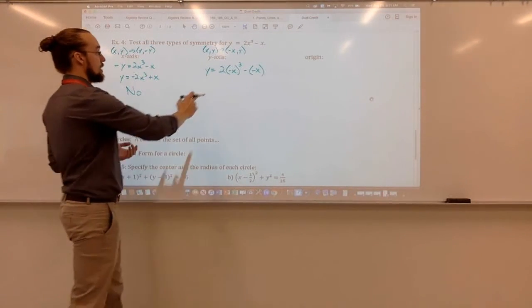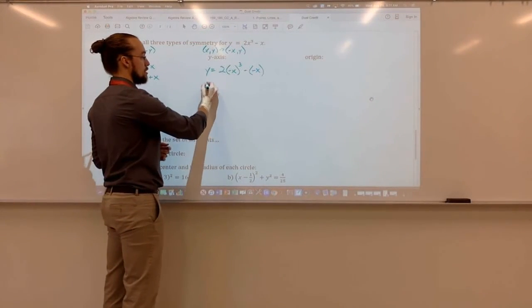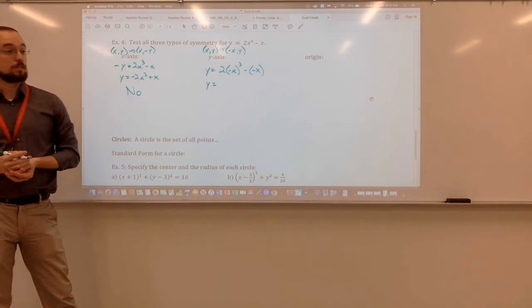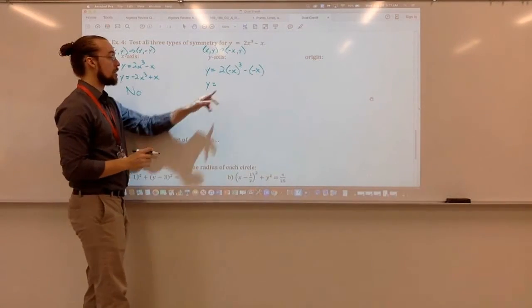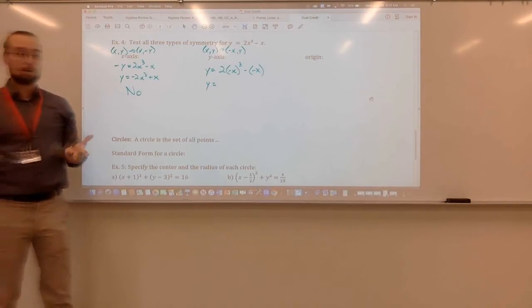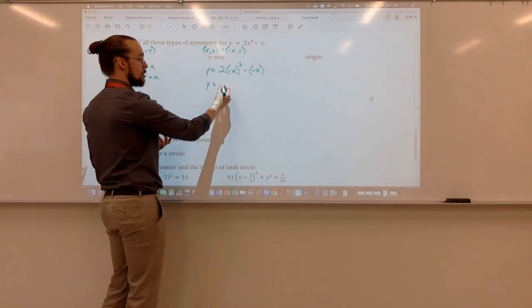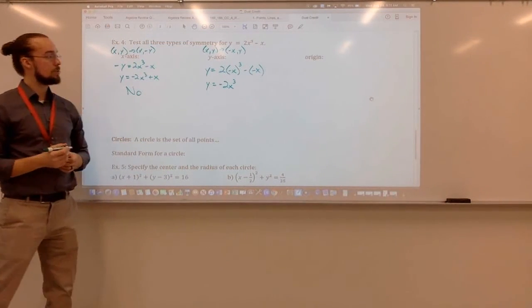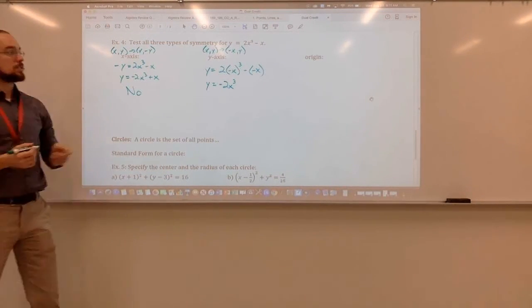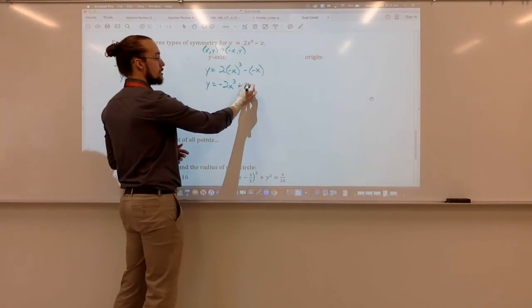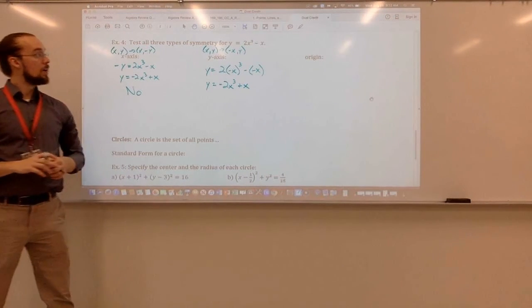So what's negative x cubed? If I've got negative x times negative x times negative x, I will have a negative x cubed. So this would end up being negative 2x cubed minus negative x, so plus x.